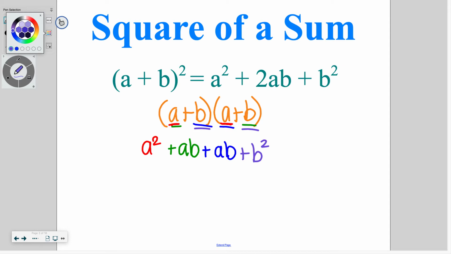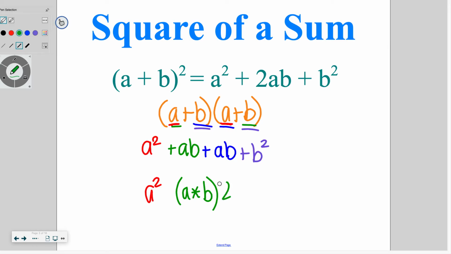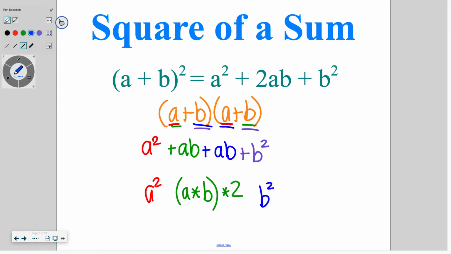The ab and the ab go to 2ab. So your shortcut can be squaring the front, multiplying a times b and then multiplying that by 2, and then squaring the back.